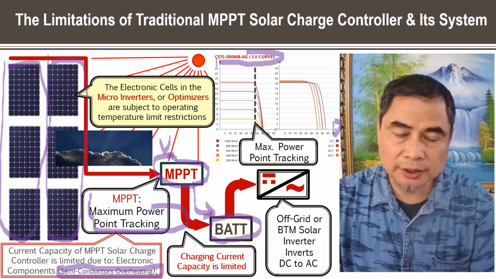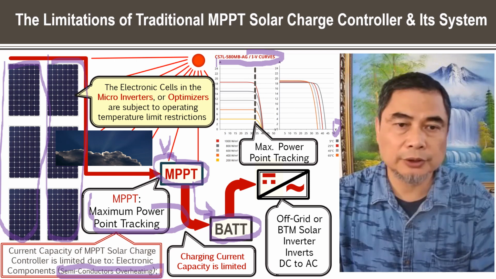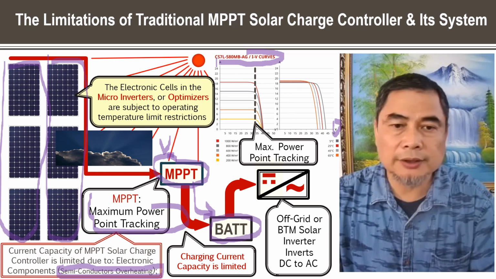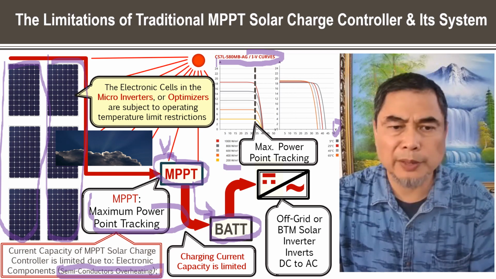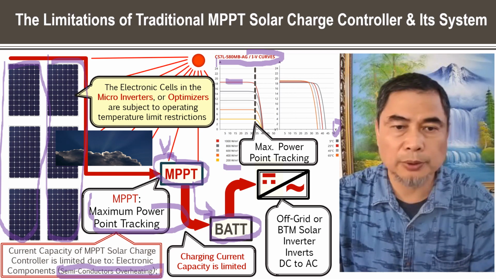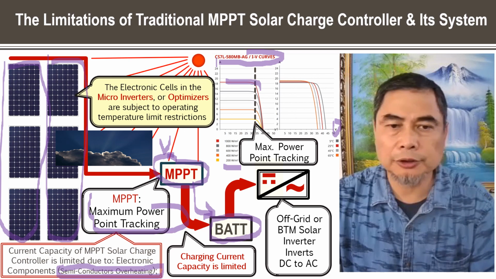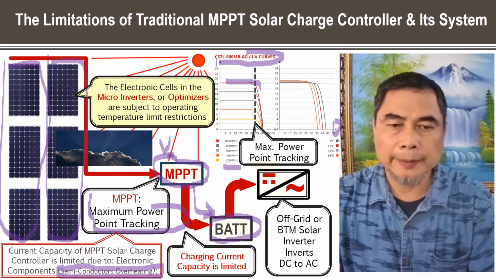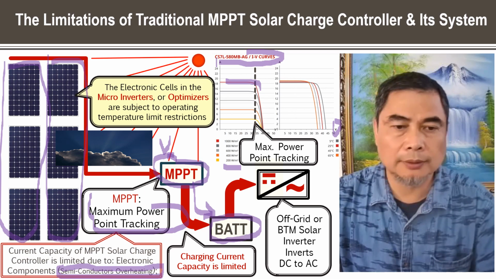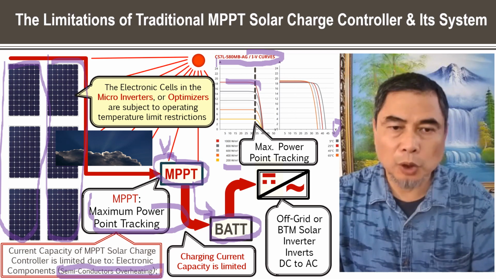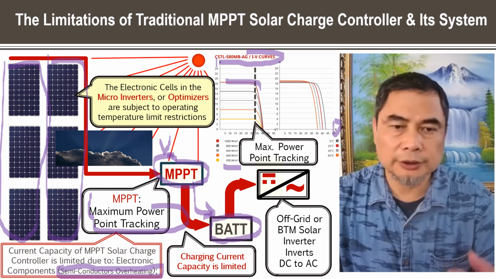The left side here shows different solar irradiance conditions, from 200 watts per square meter to 1000 watts per square meter, and the current changes quite a lot. And the MPPT solar charge controller has to modulate according to the irradiance condition.